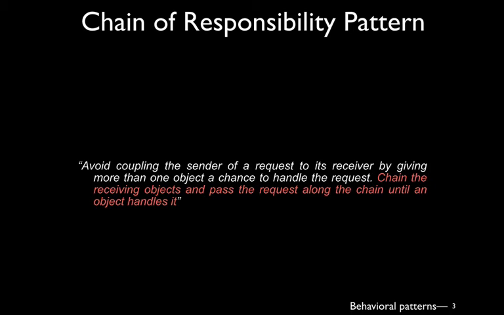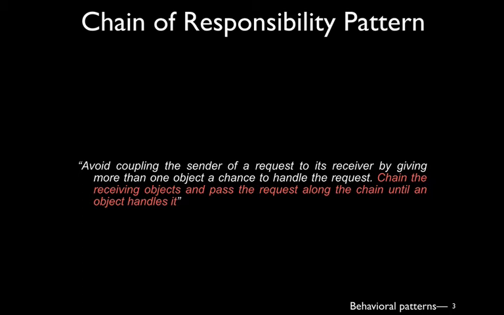So the main purpose of this pattern is to really provide decoupling, extensibility, solve the open-closed principle, and in doing so we're going to be applying the dependency inversion principle to solve this particular problem. So avoid coupling the sender of the request to its receiver by giving more than one object a chance to handle the request. Chain the receiving objects and pass the request along the chain until an object handles it.